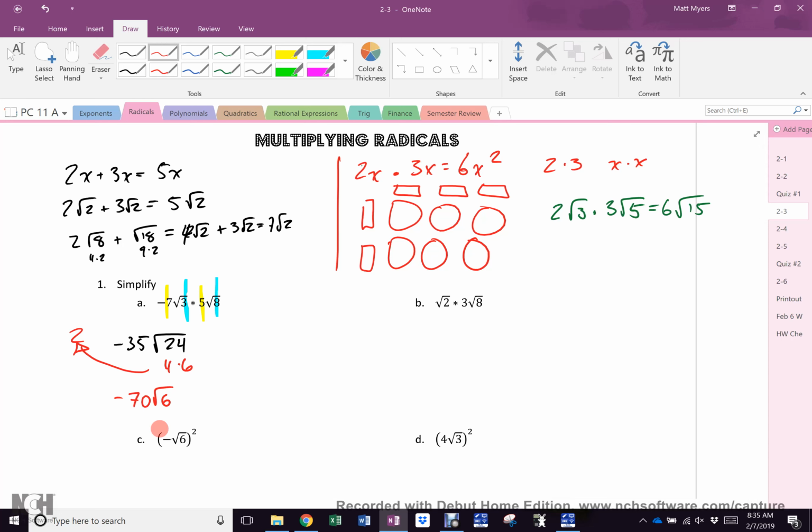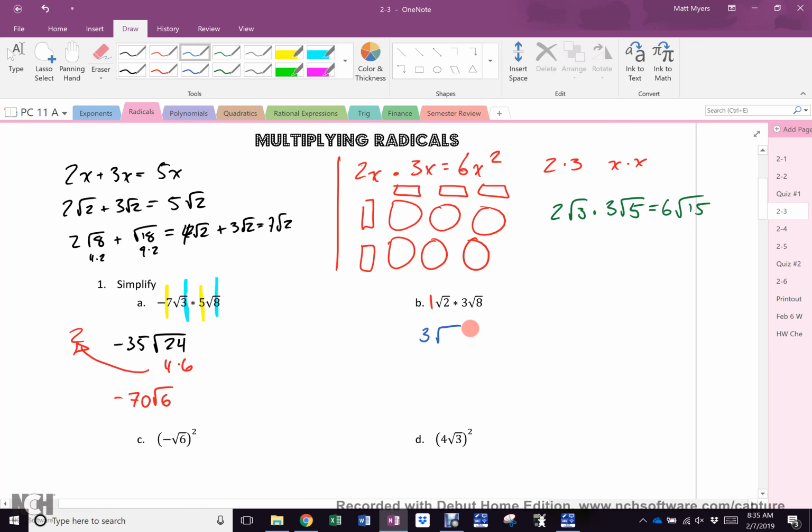The rules don't change. What is different in B? How does B differ from A? There's no coefficient, but there is a coefficient. What is it? It is 1. Multiply the coefficients. This one's really simple. 3 times 1. Don't make me wait. 3.